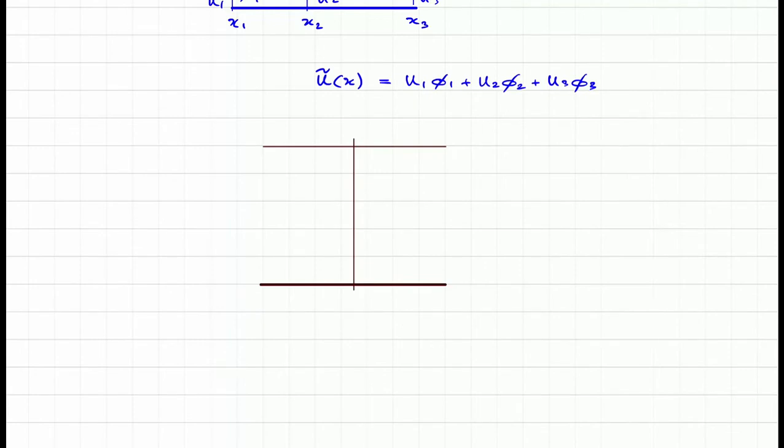At this point, the function value is equal to 1.0. So here is your first function. Equals to 1 at node number 1, equals to 0 at 2 and 3.